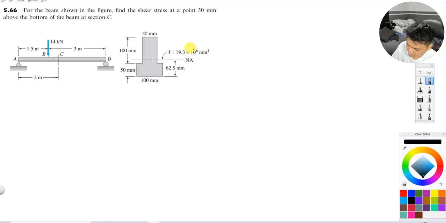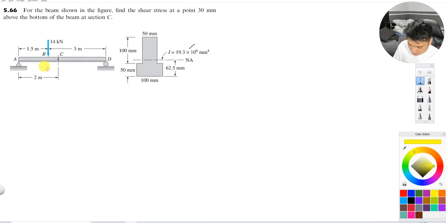So again, we already have I, it was given. What we will get here, of course, is the shear force at section point C. Not the maximum, sorry. It is still the shear stress at the bottom at point C, so we need to find the shear force at point C.